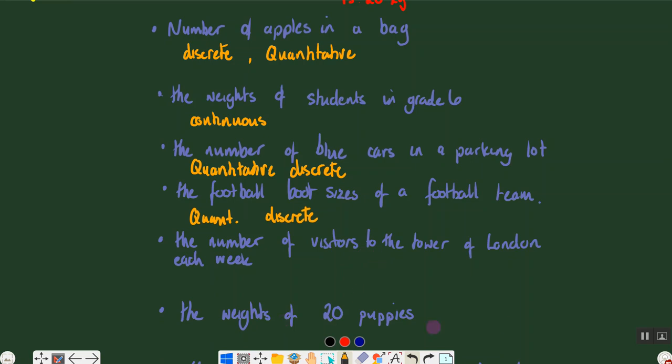The number of visitors to the Tower of London. Still counting. None of these at the moment are qualitative. Did you get the example of what qualitative would mean? Something not given numerically, which is why it's not any of those, because they're all counting, so there are numbers involved.